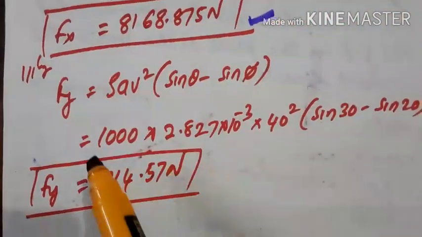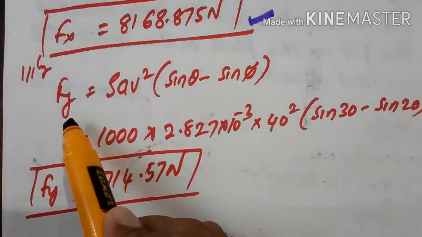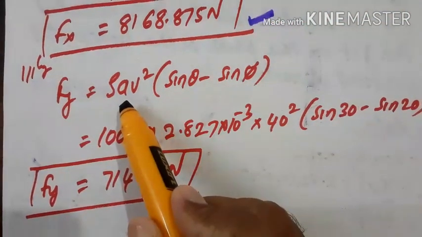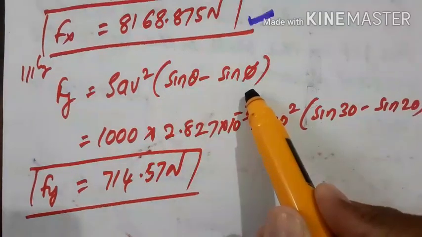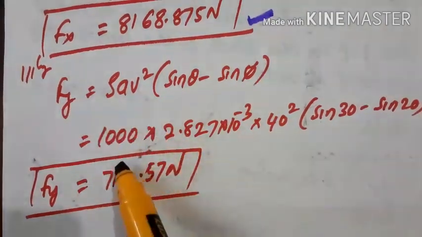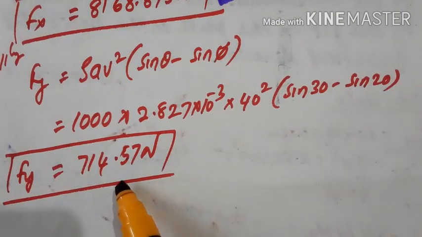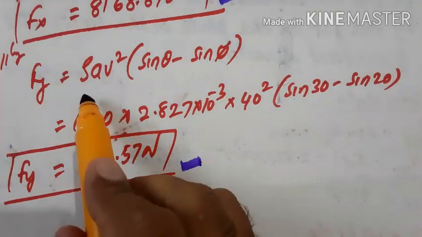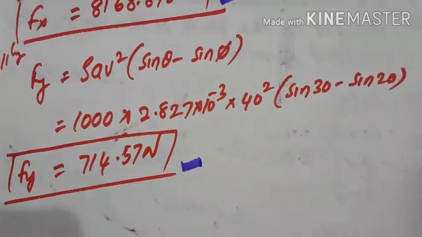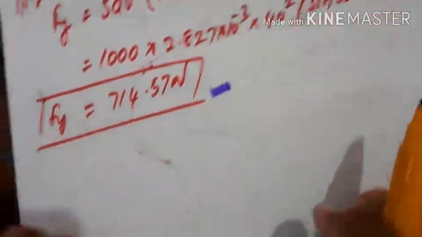Similarly, in y direction, the jet exerting a force, the formula will be rho a v square into bracket sin theta minus sin phi. Then substitute all the data here, then you will be getting the answer 714.57 Newton. So here you have to remember the equations, or else you can directly apply the impulse momentum equation.